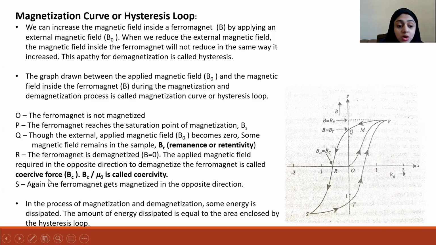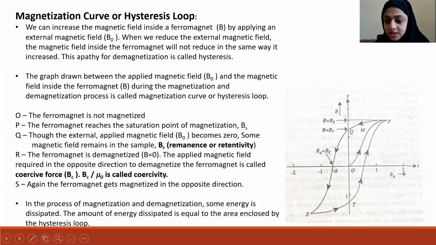So BC is called the coercive force. Coercive force is the applied magnetic field required in the opposite direction in order to demagnetize the ferromagnet completely.